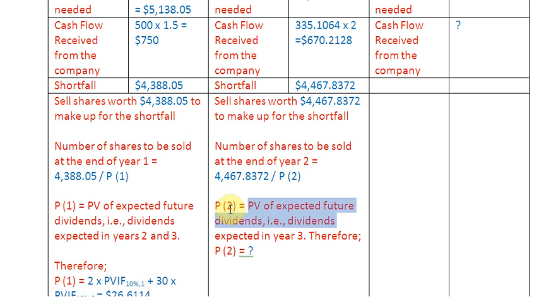So at the end of time period 2, you have only one more period left to account for, that is year number 3. So basically then your price of the share at the end of period 2 is going to be the discounted value of the dividend in the third year, which is $30, and you simply discount it at the 10% rate of interest, and you are going to get here $27.2727.